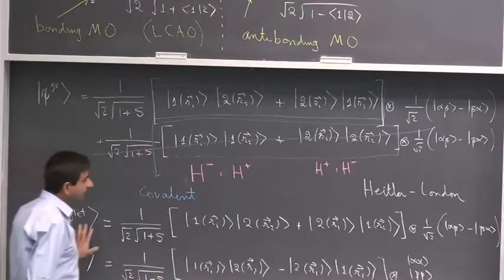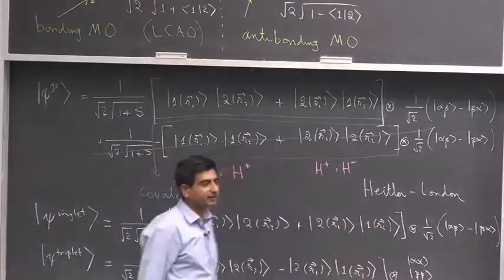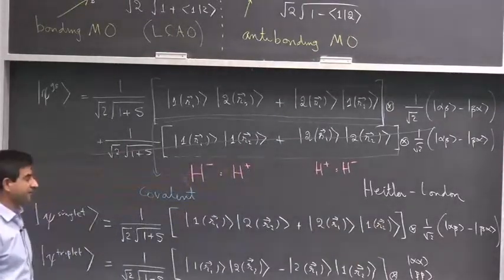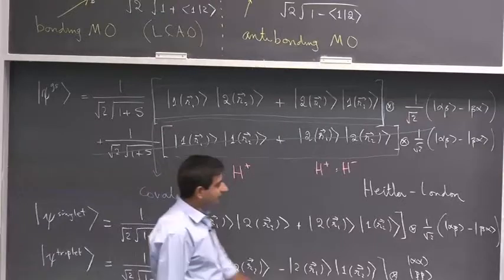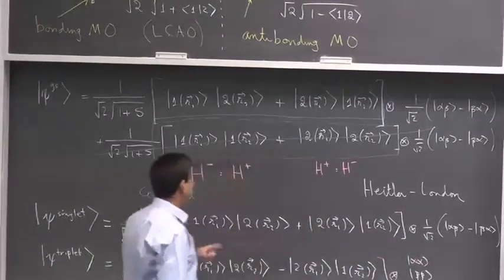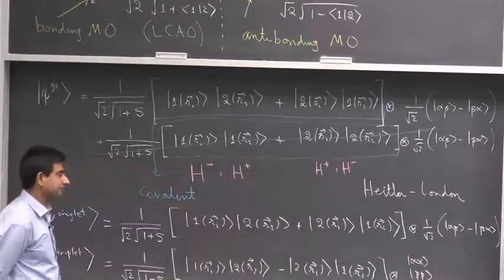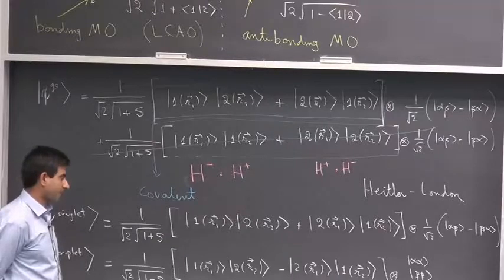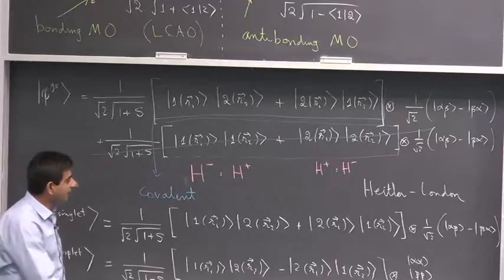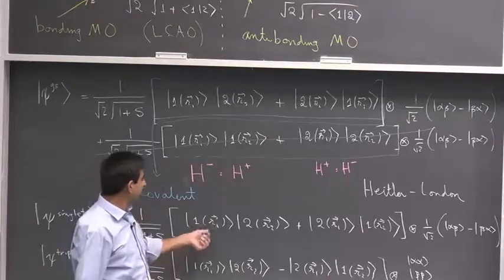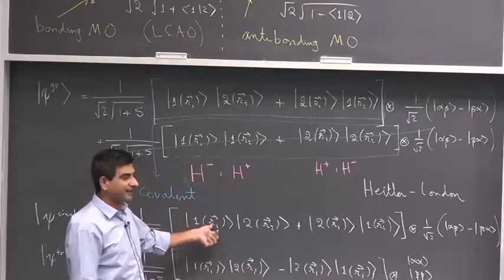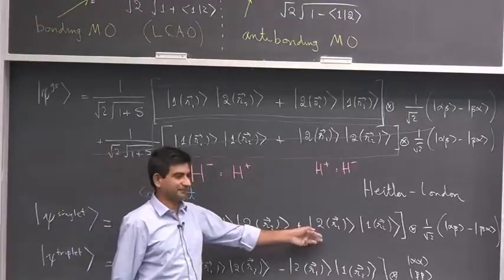The spatial parts of these states are symmetric and anti-symmetric under exchange. This is anti-symmetric, this is symmetric. If I interchange the two electrons, which means at position R1 I bring the second electron, I get this term.